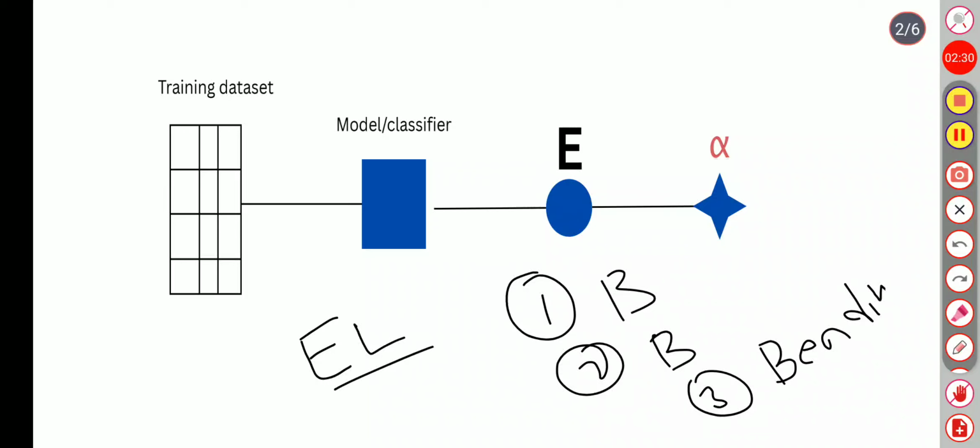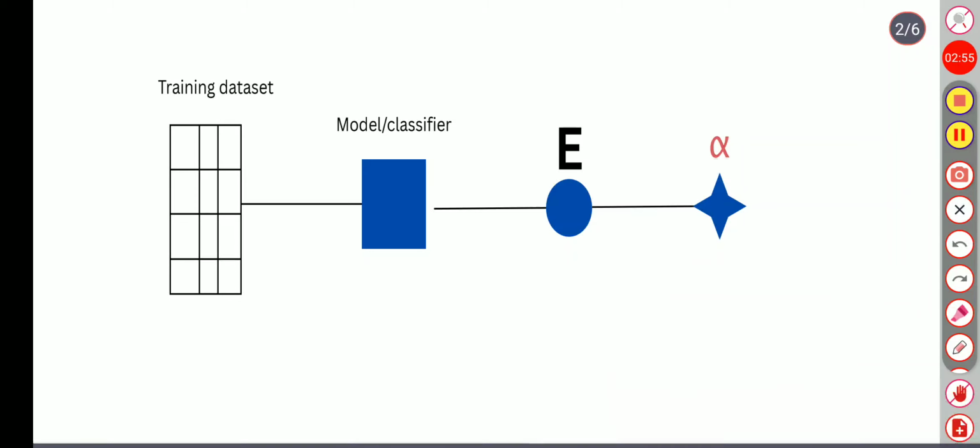We already know the boosting technique from the previous class, but boosting and AdaBoost have a little bit of difference.